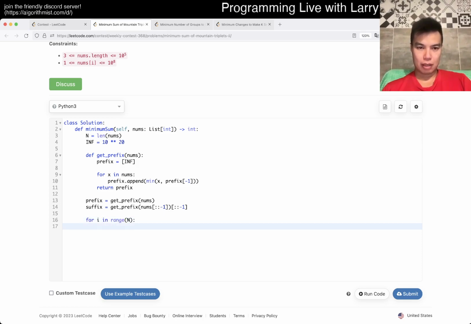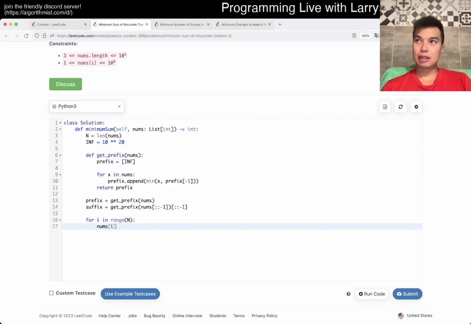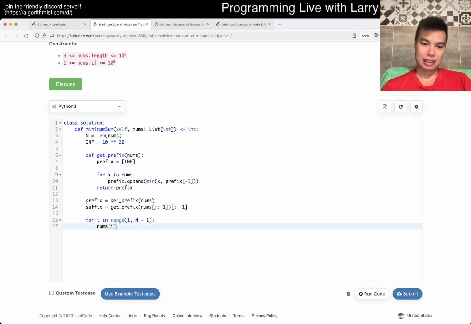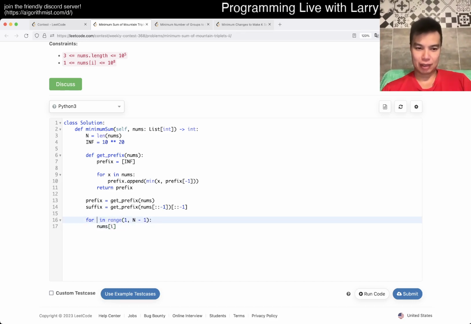So then now, num sub i, right? Let's just start with 1 and n minus 1. So this is technically j for the one in the middle. Let's keep it consistent. Best is equal to infinity.